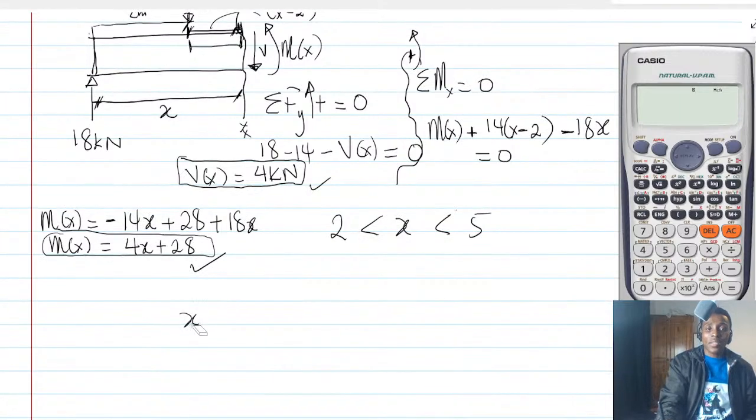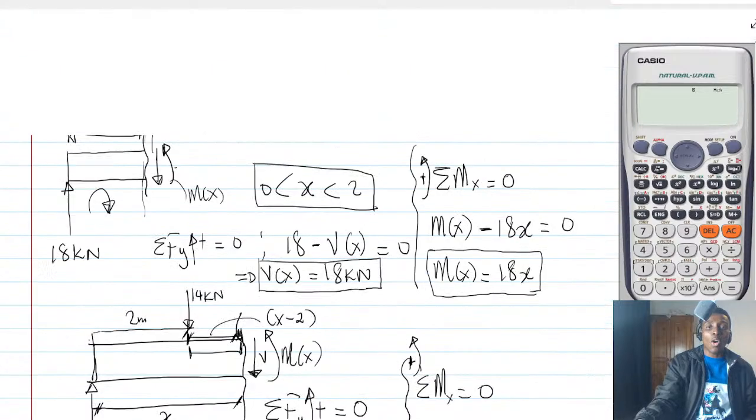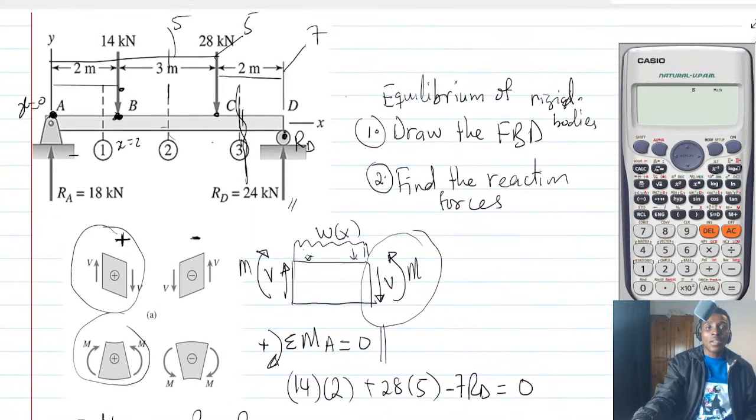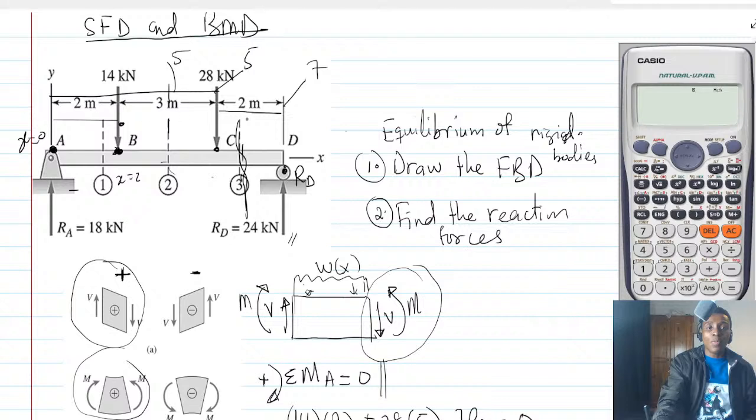So for the third one, let me draw that one. So basically for that one, we need to draw everything, and then we will cut this part, okay?